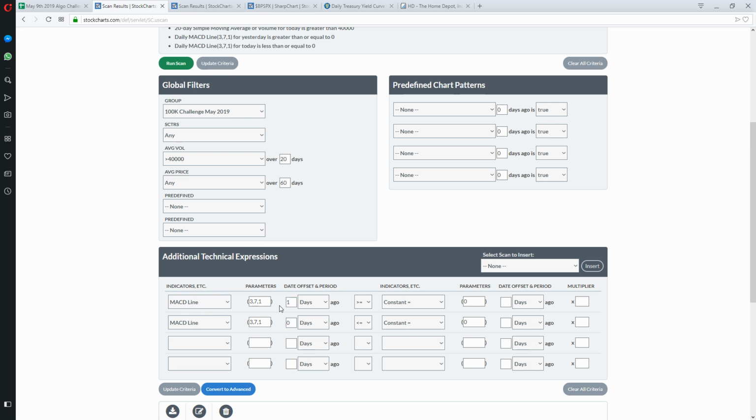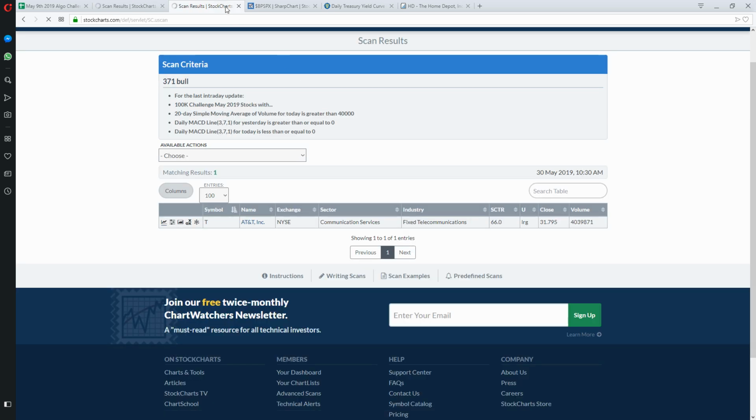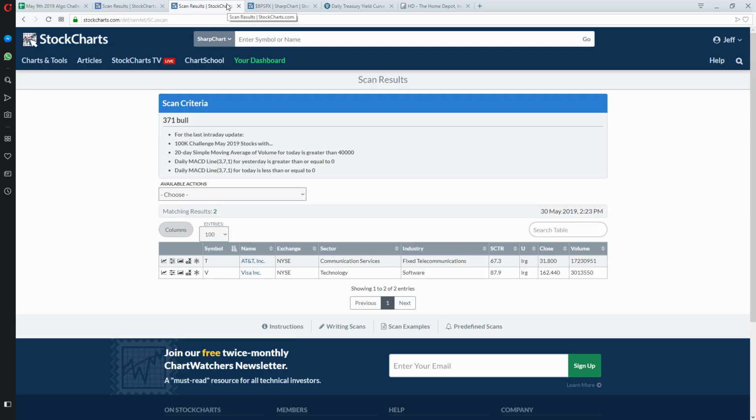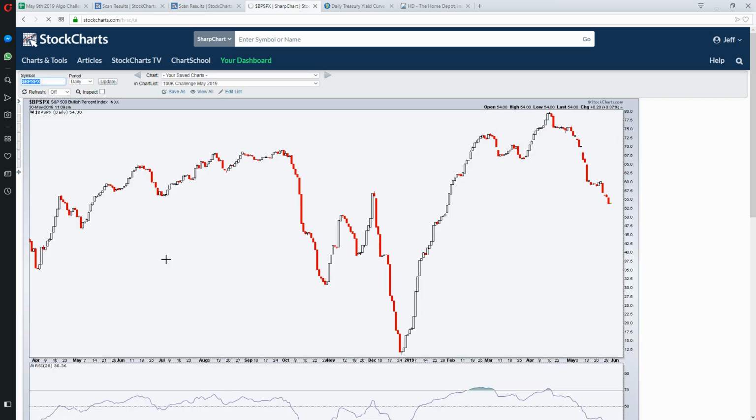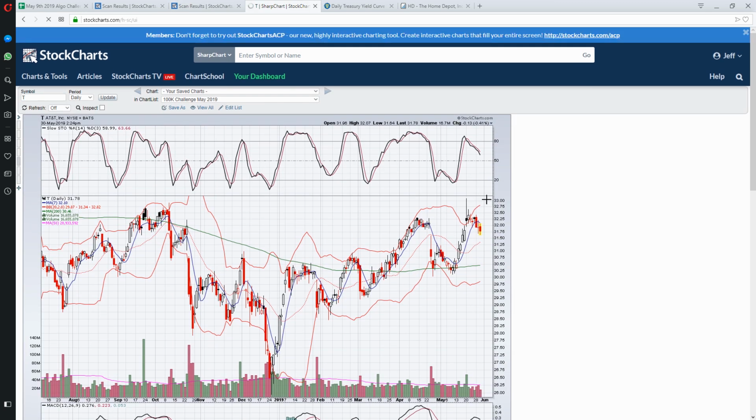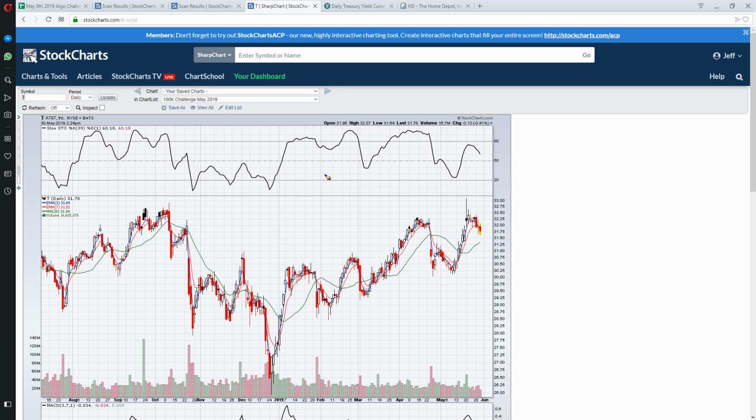So it's just looking for yesterday where the 3-7 MACD line was greater than 0, and now looking for it to be less than 0, right? If we run this scan, we're going to get probably Verizon, AT&T as well, and we can look at what these stocks are doing right now. You can see that for AT&T, we have our blue line going down below our red line.